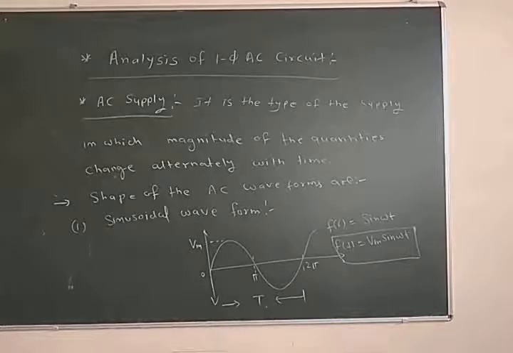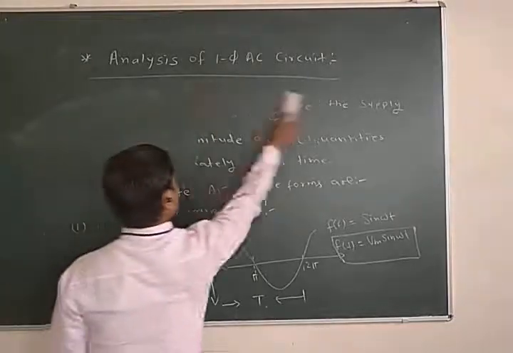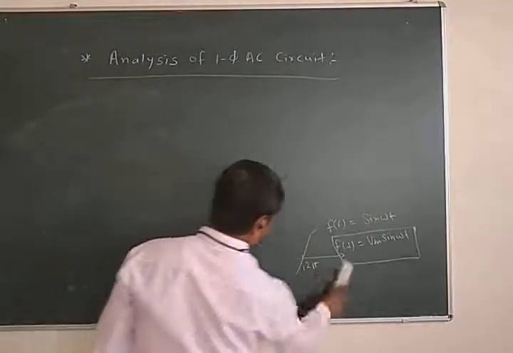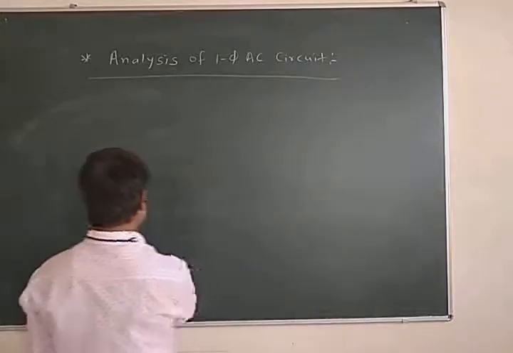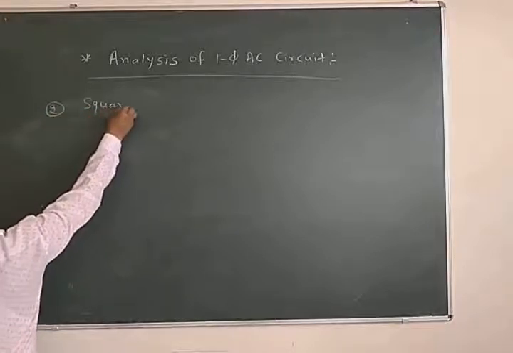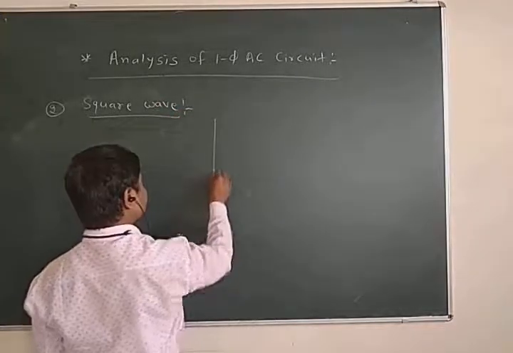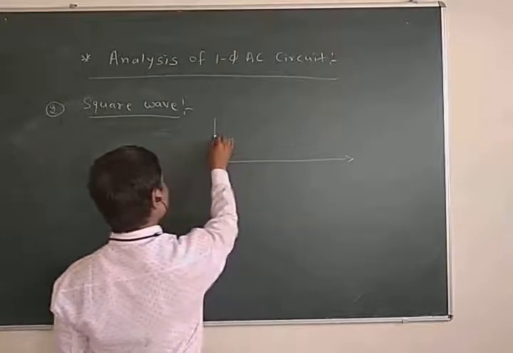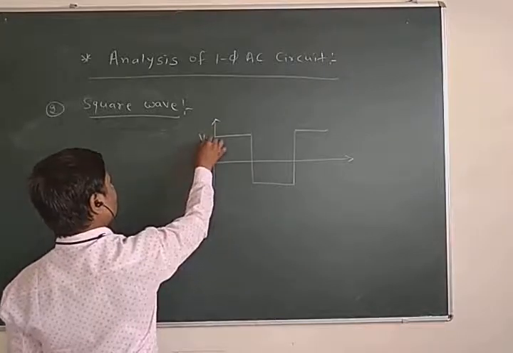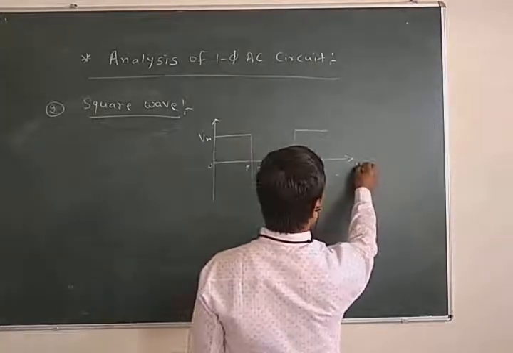Now the next waveform is square wave. Shape of the wave is in this way: 0, Vm, pi, 2 pi, omega t.